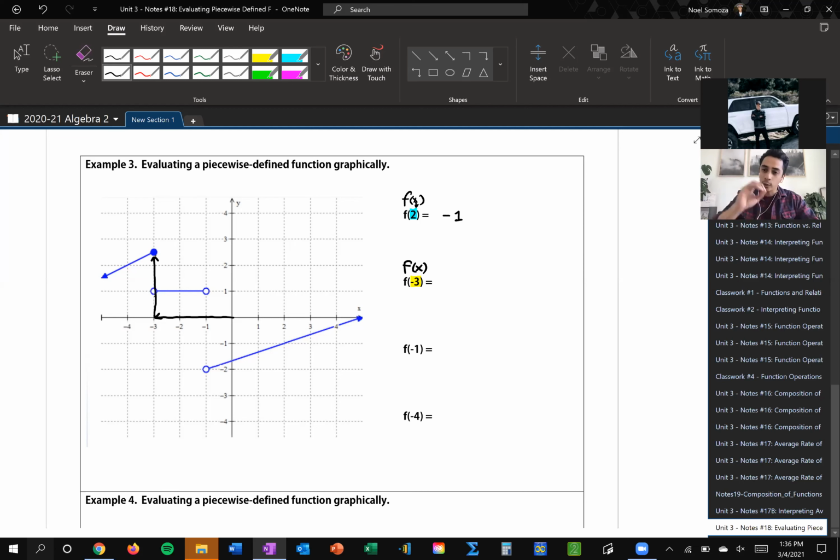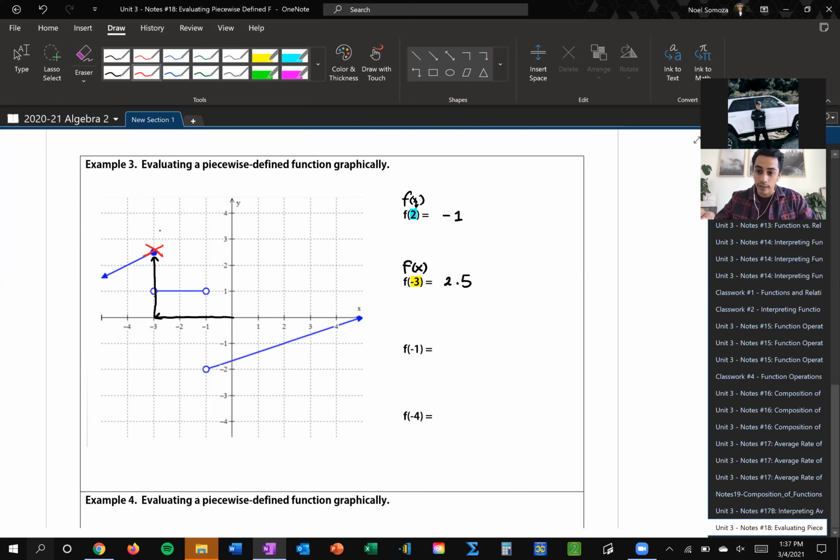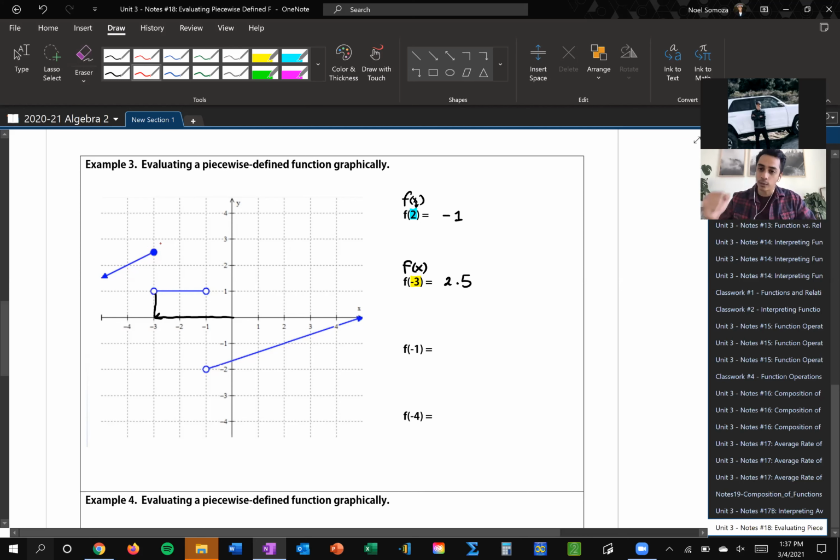If I have an open circle, it's like I can keep going right through it. So this output would be positive 2.5. Now let's say that this dot was not there at all. Then it would be undefined. If the solid circle was not there, then it would be undefined. But because there is a solid circle, the solid circle would override.